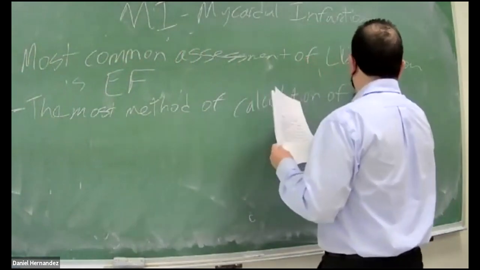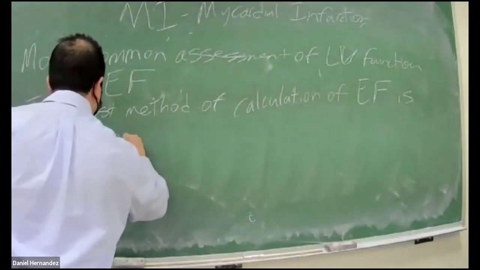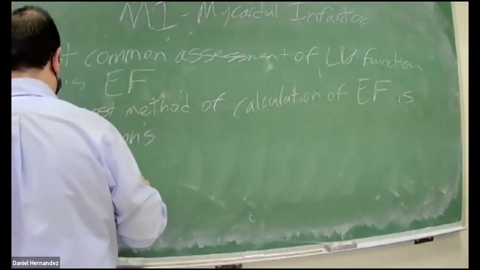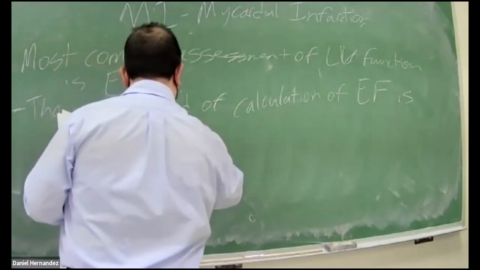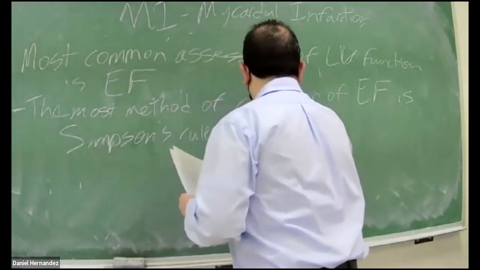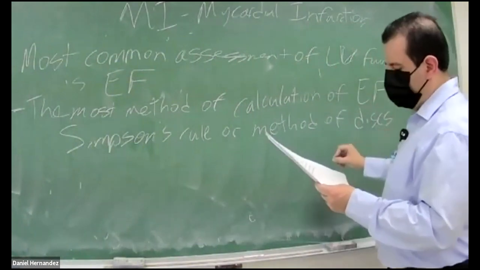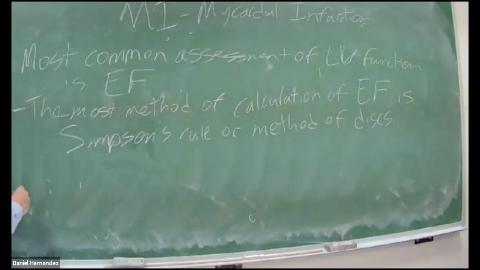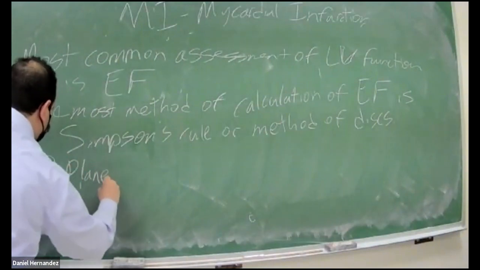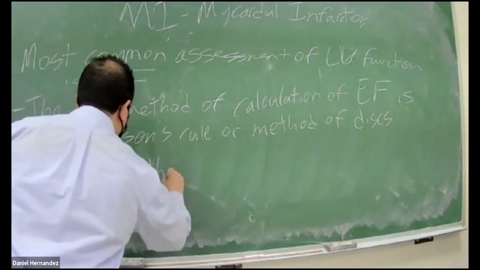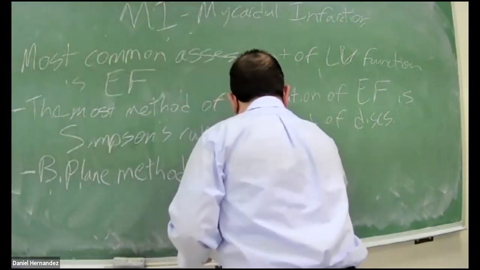Calculation of EF is Simpson's. Simpson's rule or method of disks, and the biplane method is going to be the most accurate.